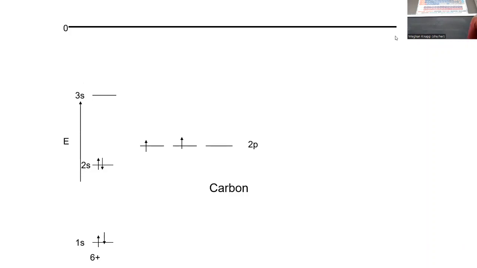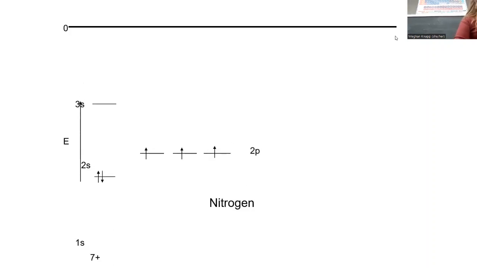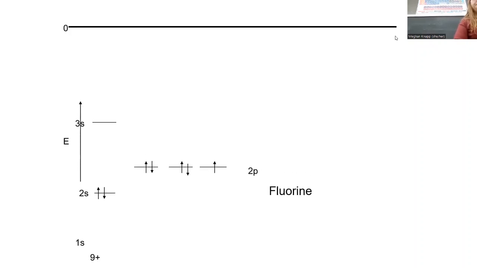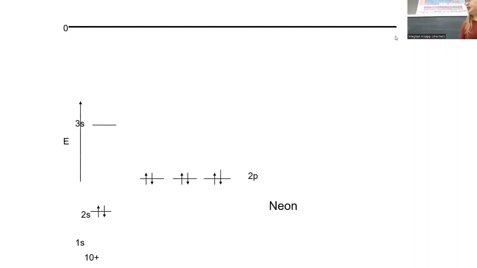So carbon's orbitals are a little bit lower. So if it's lower, the ionization energy, the distance to the top, is greater. Similarly, when I go to nitrogen, they get a little bit lower. And then I can keep moving across the periodic table and they keep going lower and lower till I get to neon and it's very low.